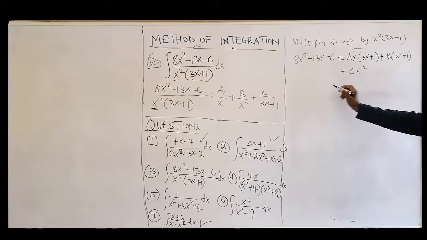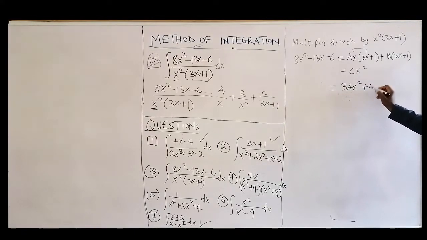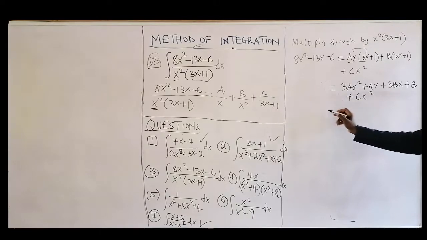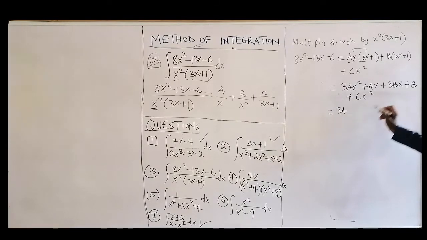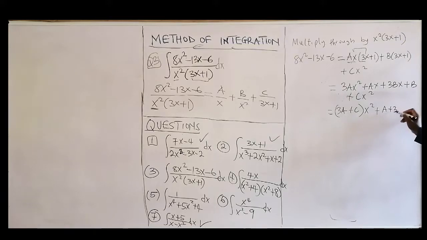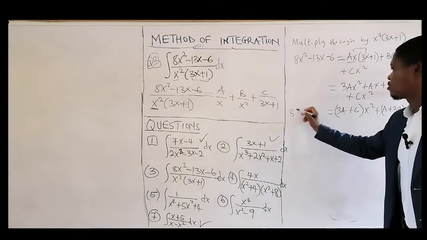We expand this. We're going to have 3Ax squared plus Ax, this one times this one and this one times this one, then plus 3Bx plus B, then plus Cx squared, and that is equal to (3A plus C) bracket x squared, then we have (A plus 3B) bracket x, then plus B. So let's equate the coefficients.